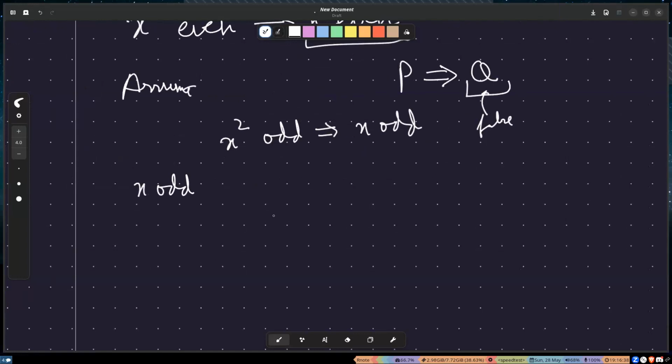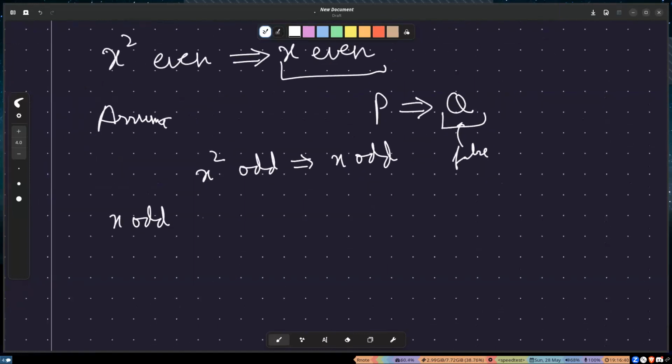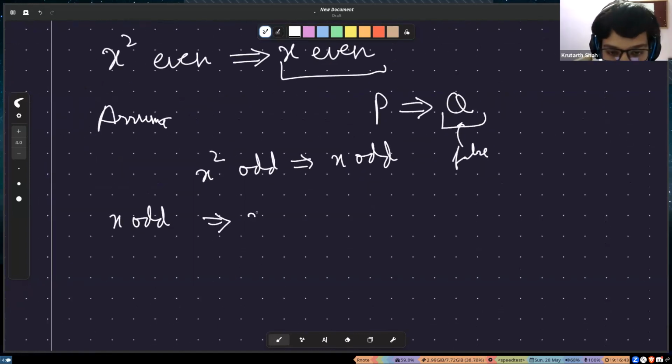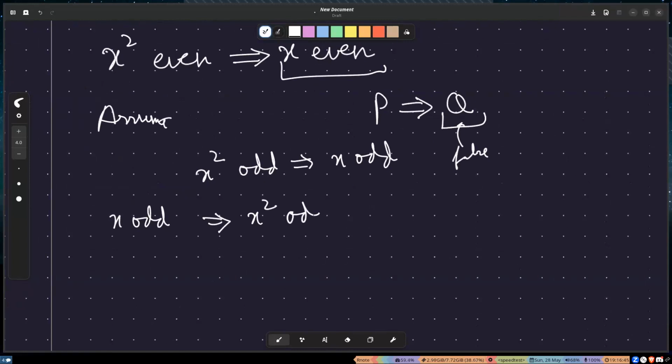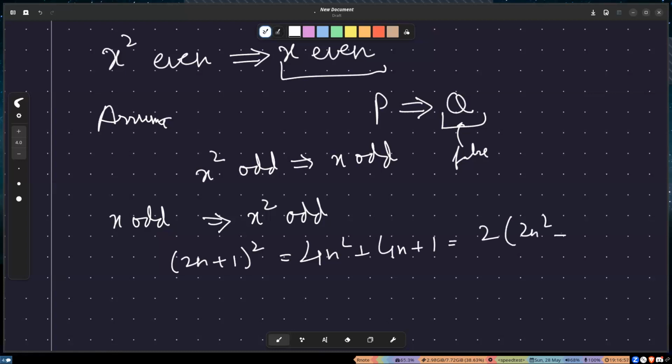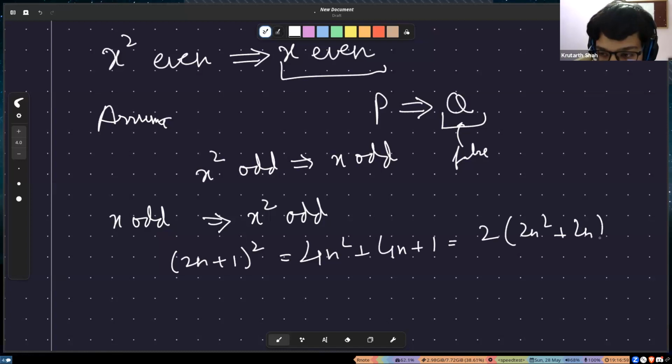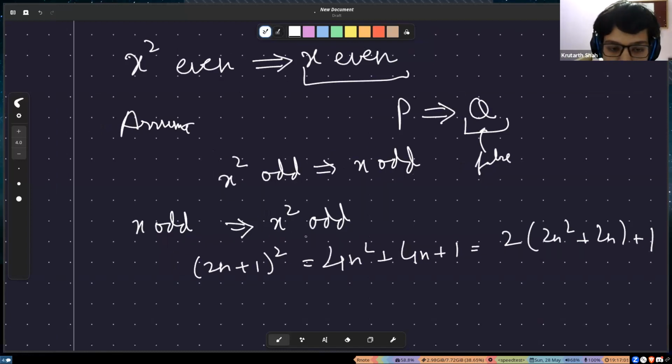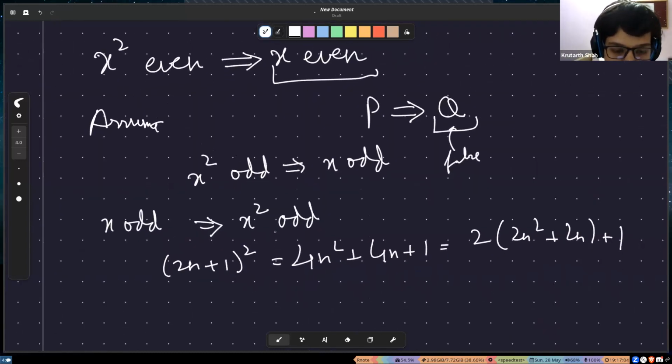Then if you multiply an odd by an odd, then it is an odd. We can do it by 2n plus 1, where n belongs to any integer. Yeah, this is odd basically. Yes, you're right.